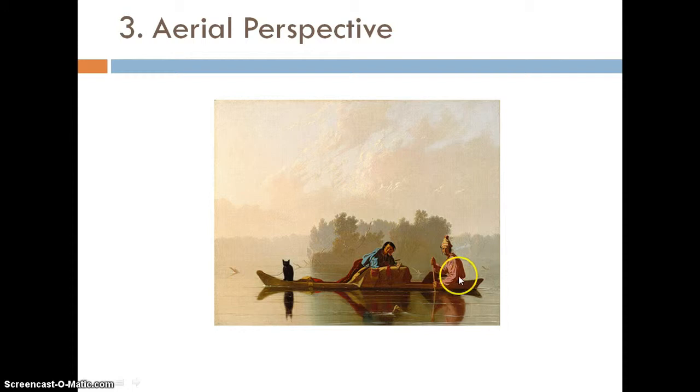Well, the value of this red is a lot darker than the background. The artist doesn't use much red in the background at all, but there's a little warmth back here on this tree. But you see how everything in the background gets paler? I always like to think of it as a form of fog. That's aerial perspective.